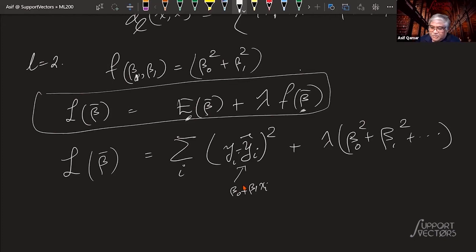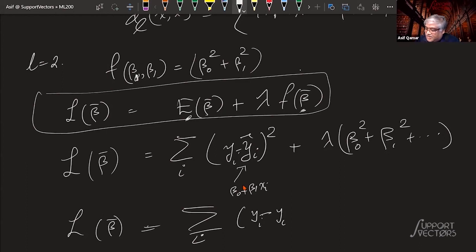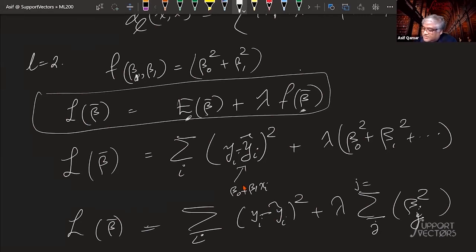I've given you a much more detailed picture of this, and you write therefore L of beta is equal to the sum over all the data terms of yi minus yi hat square plus lambda times the sum over beta j square. Beta j means j is equal to 1, up to whatever number of dimensions there are, whatever degree of polynomial you're taking: beta naught, beta 1, beta 2, beta 3, whatever. J is equal to 0. Does this look like it?